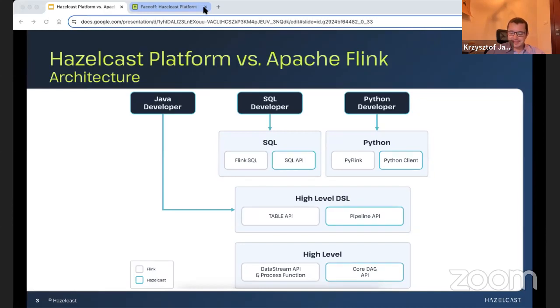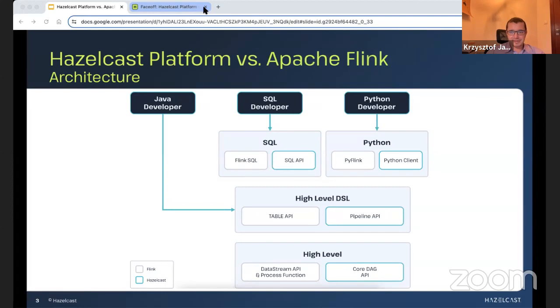This is implemented by a clever process of snapshotting, or checkpointing as Flink names it, where we capture a consistent snapshot of the state of all the processors in the DAG. And this works in a very similar way in Hazelcast and Flink.